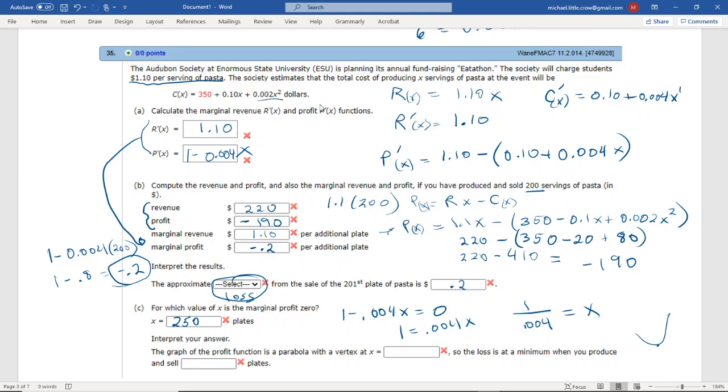So there's a minimum profit, and then after that point, it would be better. So the graph of the function is a parabola with a vertex at 250. So the marginal profit is zero there. That's what we're finding, where remember, the slope of the tangent line would be 0. So the loss is a minimum when you produce and sell 250 plates.